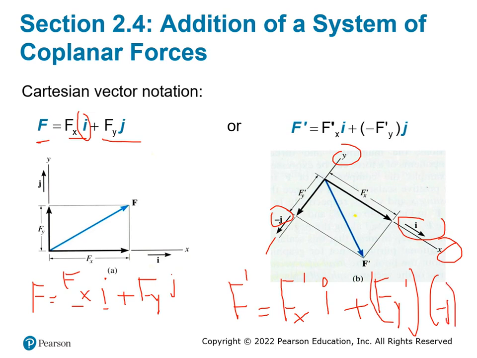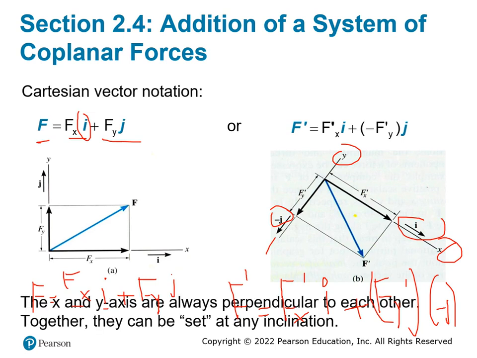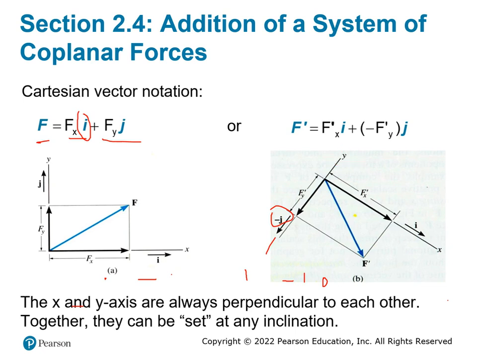So that's how we present it in the Cartesian vector notation. The x and y axes are always perpendicular to each other, but together they can be set at any inclination. We don't need to always have it in the horizontal and vertical, we can have it in any direction.